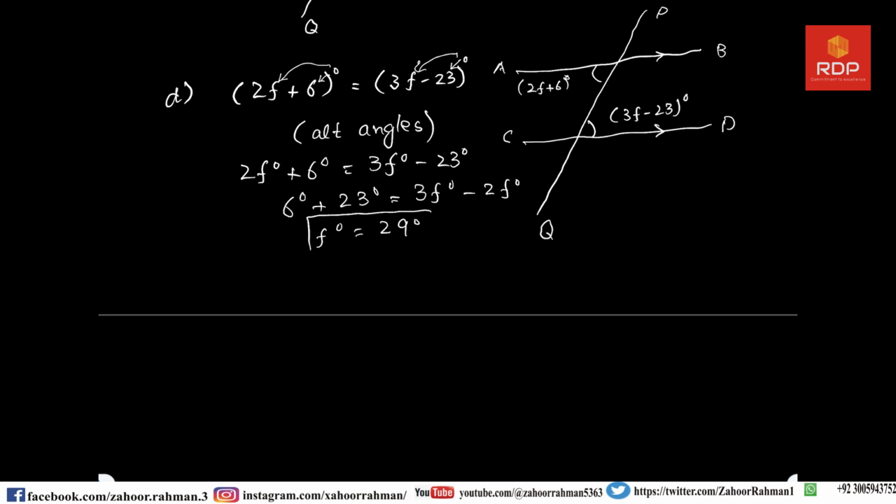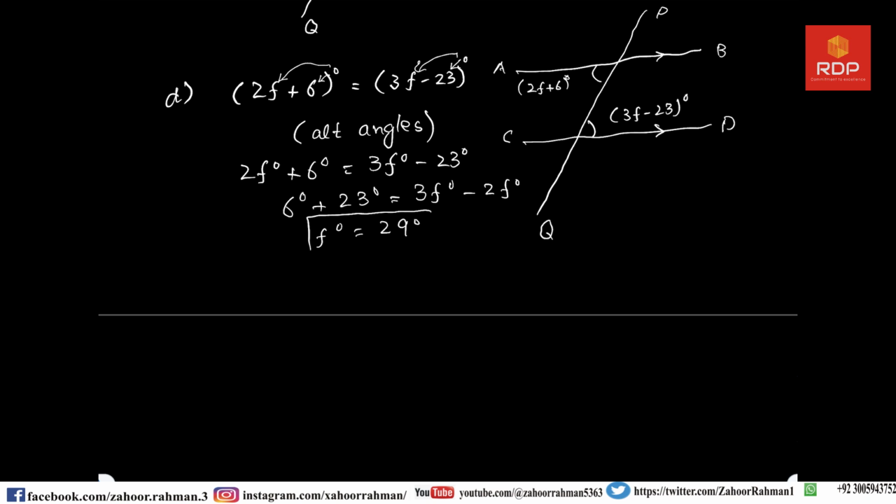Now I am shifting the variable f to the other side. So only 6 degree is remaining here, and I am shifting this minus 23 to the left side, and it will become positive, is equal to 3f is on its place, and this 2f degree we shifted here, and it will become negative.